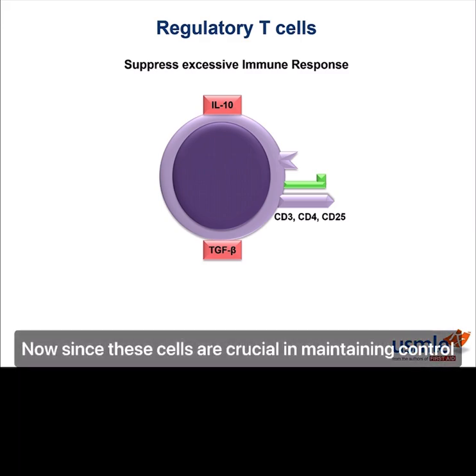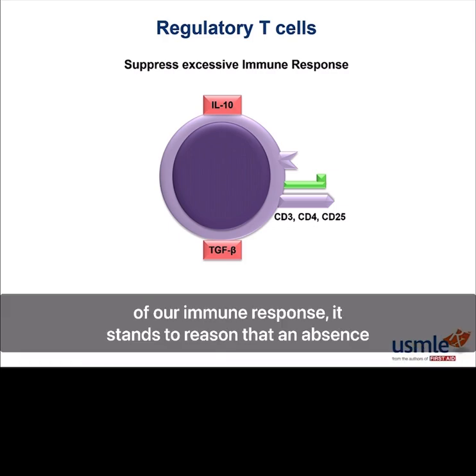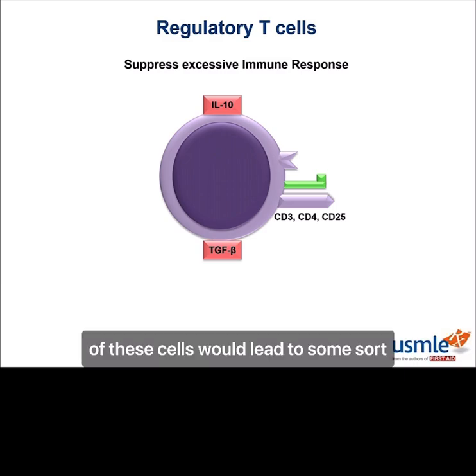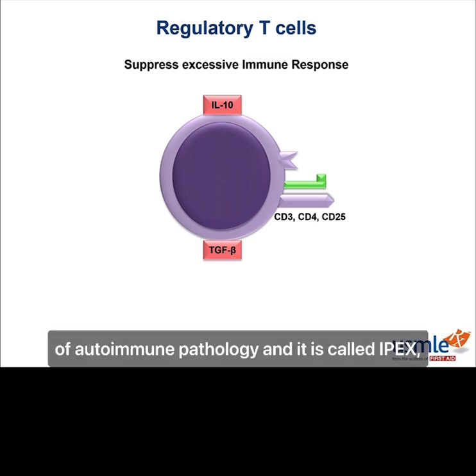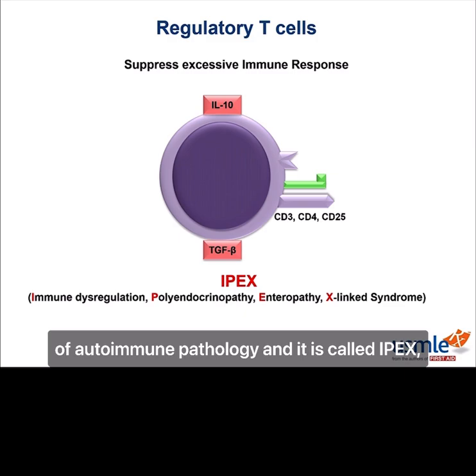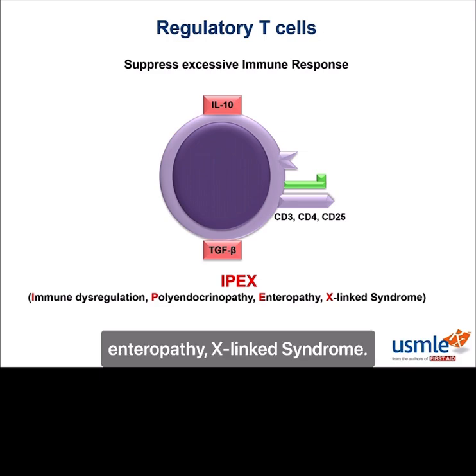Now, since these cells are crucial in maintaining control of our immune response, it stands to reason that an absence of these cells would lead to some sort of autoimmune pathology, and it is called IPEX, or Immune Dysregulation Polyendocrinopathy, Enteropathy, X-linked syndrome.